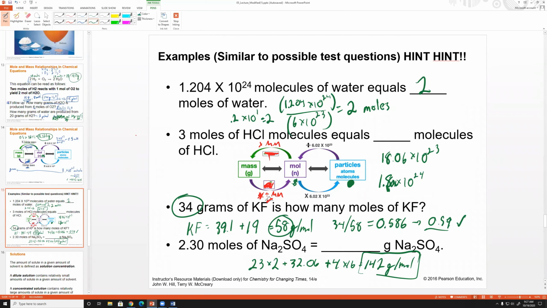Our molar mass is telling us 1 mole is 142 grams. So 2.3 moles is what? We would multiply the number of moles by the molar mass to get the grams of the sample. So 142 times 2.3, and what did you get for that?